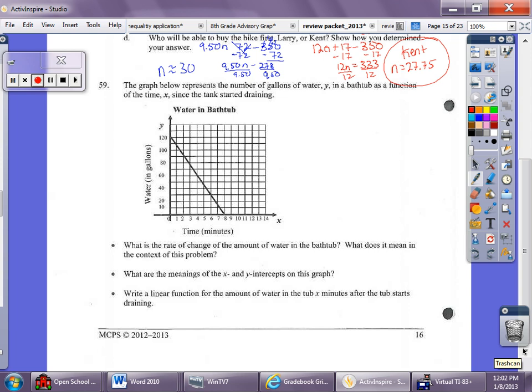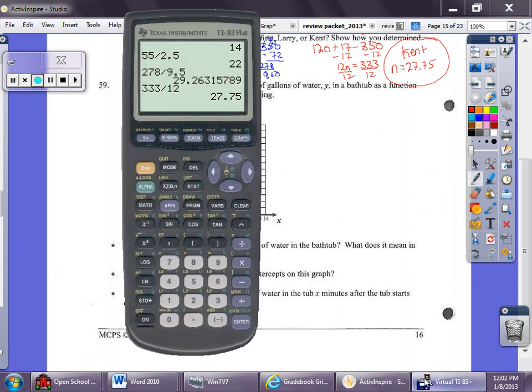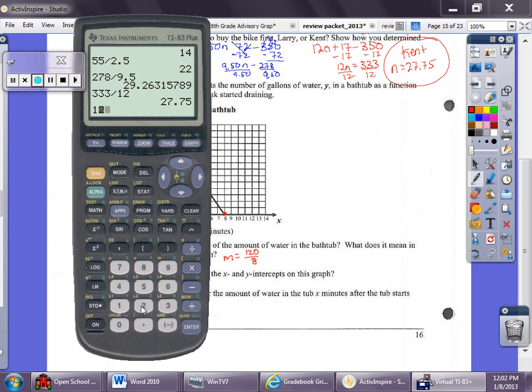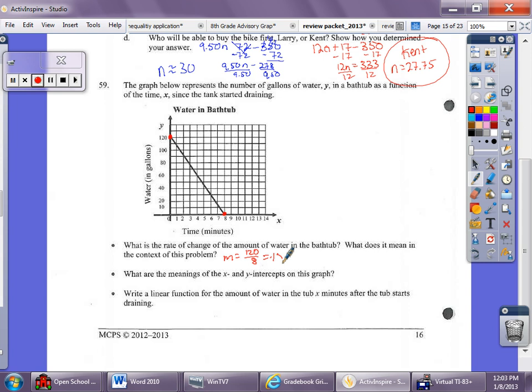And then 59. The graph below shows the number of gallons of water in a bathtub as a function of time. What is the rate of change? The rate of change is going down from 120 over 8. So our slope is 120 divided by 8, which is 15. What does this mean in the context of the problem?